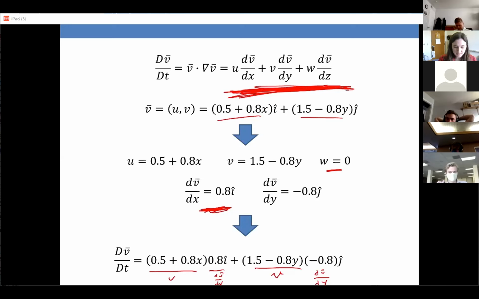Now, let's say it was something else. Let's say it was temperature, for example. Temperature is a scalar value. So let's say we had T equal to 3x plus y. Then what would dT dx be?